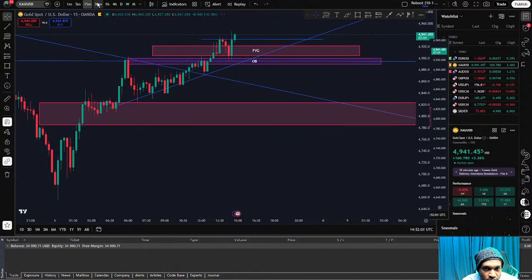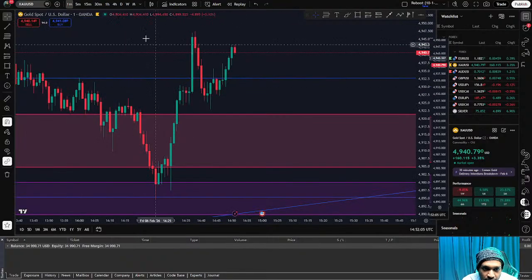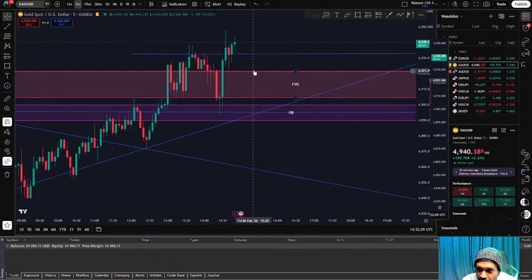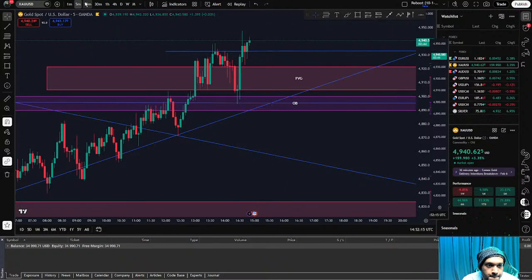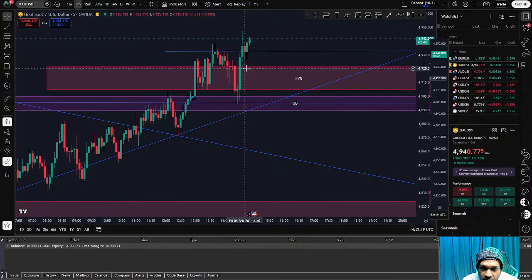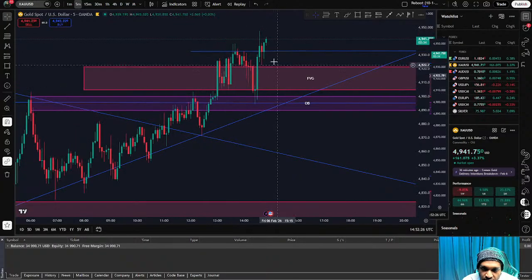But for people who are swinging, they are probably still holding on. They probably put up a break even above this fair value gap. This is where their break even most probably is going to be after they take a trade from this order block. Because once the price comes up from this fair value gap, it will not come back into this fair value gap. It will not come back to recover from this because it's already been collected.